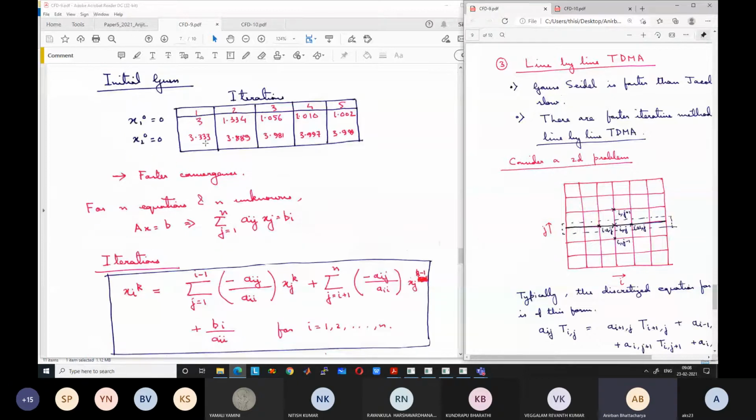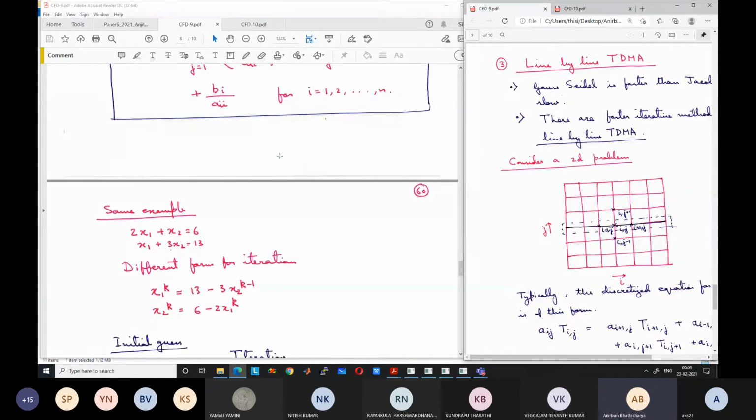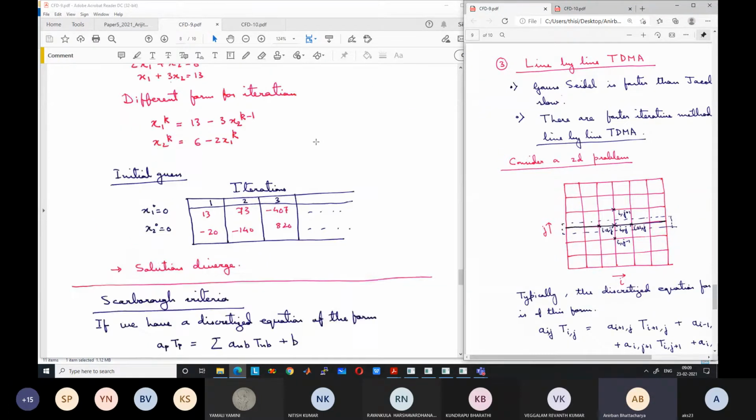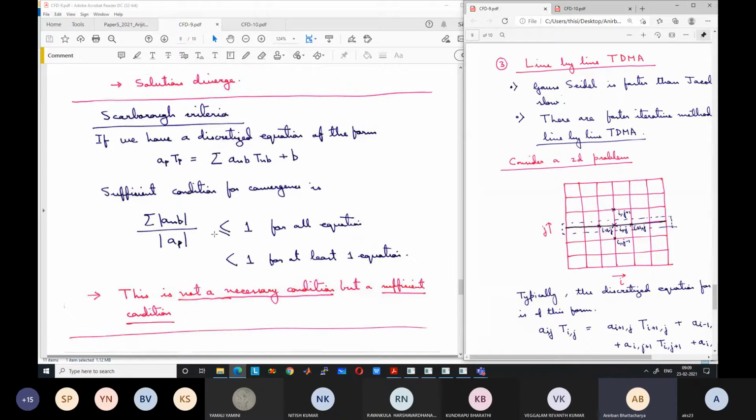And we finished by learning about a criterion which gives us a sufficient condition about whether convergence will occur or not. So depending on the coefficient values of the equations, and we have seen in our example also how this Scarborough criterion actually works. That also we have seen.